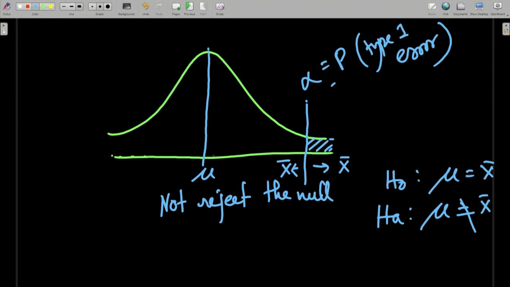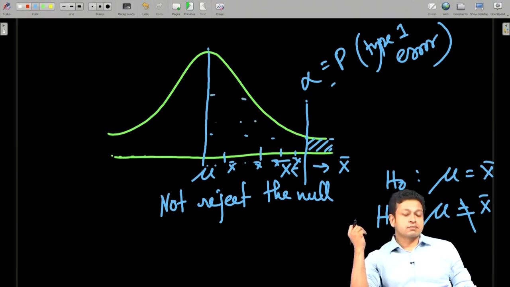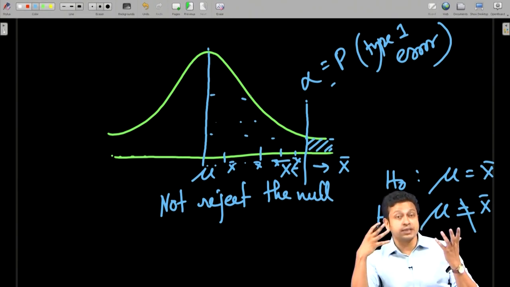I claim that as long as my x bar is falling anywhere here, I am allowing so much of space not to change the status quo. So, as long as x bar is in this entire zone, I still consider that the null hypothesis may not be rejected.